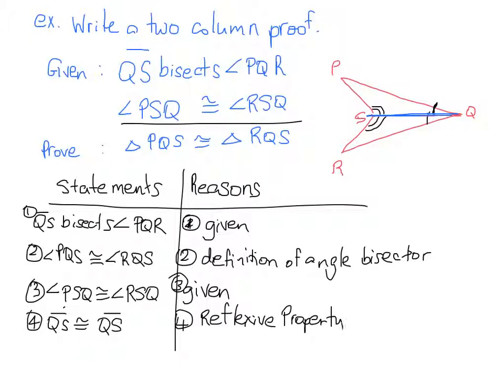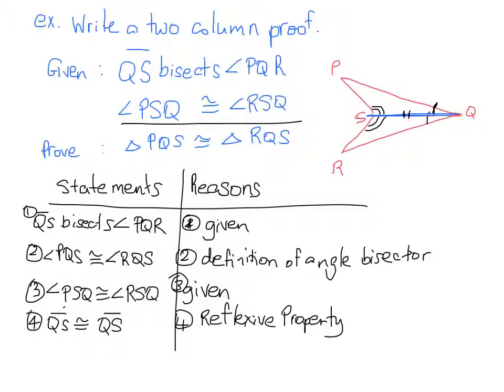All right. So now what do we have? Well, on the triangle at the top, we have an angle, side, and then an angle. On the triangle at the bottom, we have angle, side, and angle.